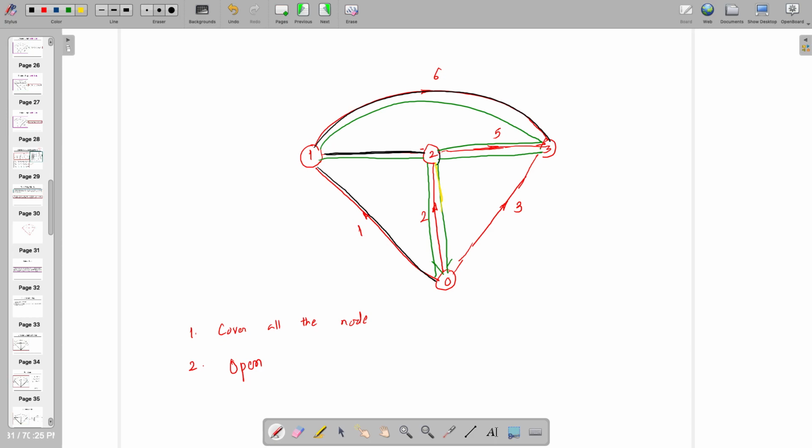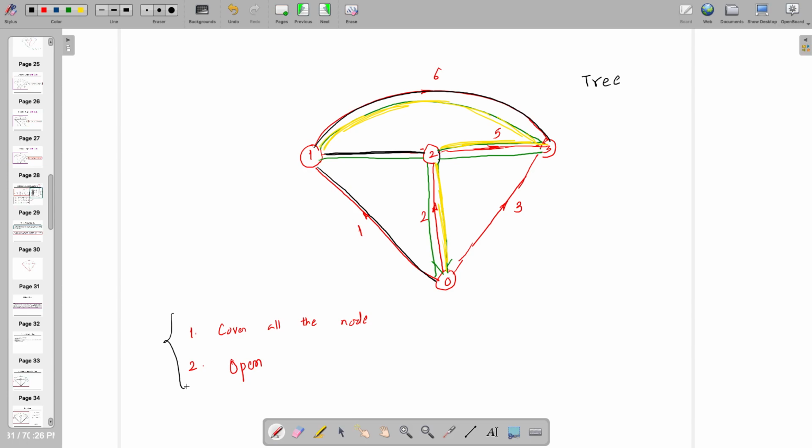Similarly, the other way also you can find out, and there are many other ways. So all those are trees, which follow two rules, which are open and covering all the nodes. None of the nodes is skipped.